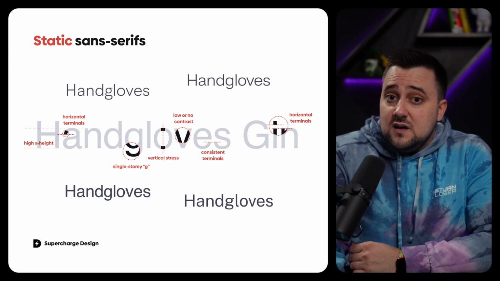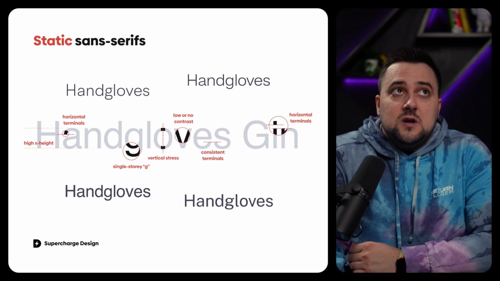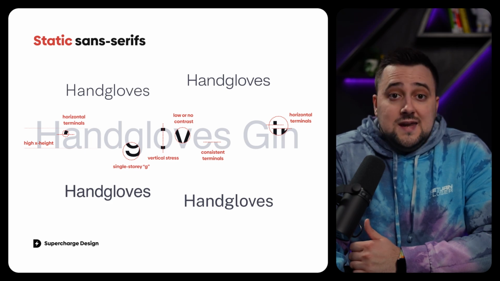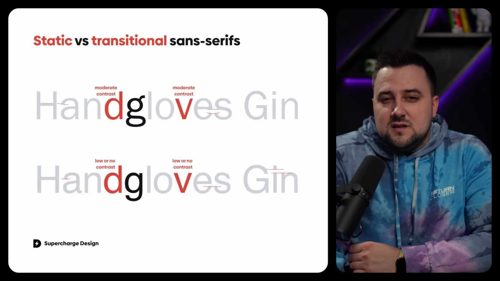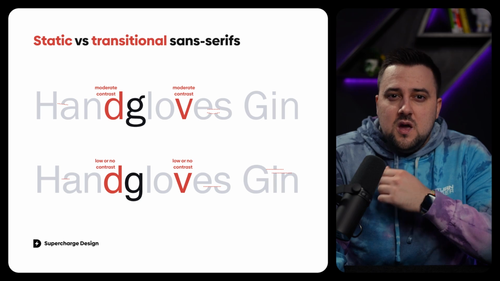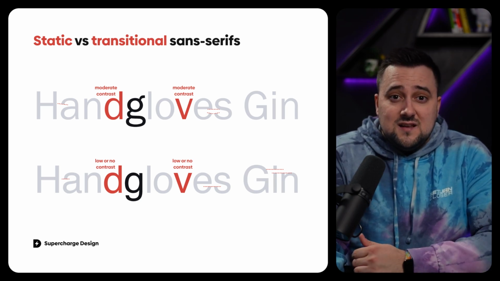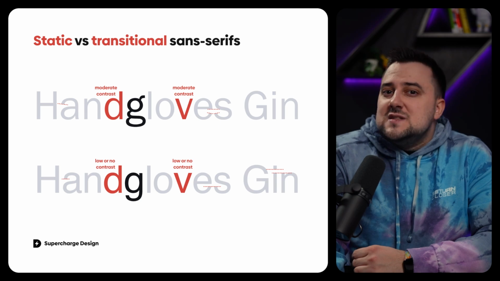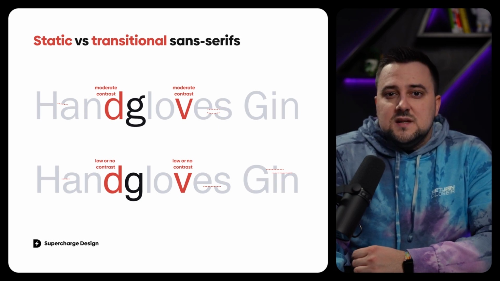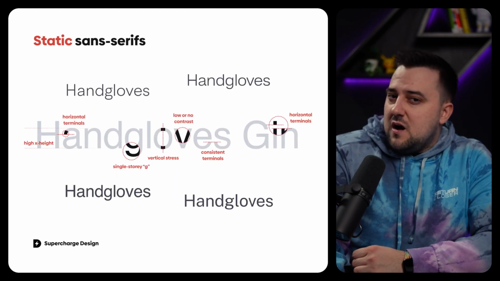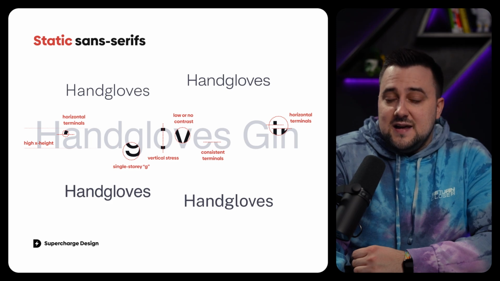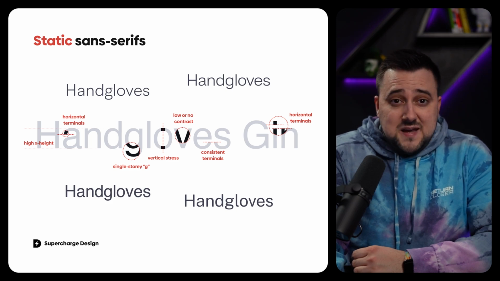Stress is vertical, as you can easily see from the lowercase o and e. One thing I look for are the consistent terminals. For example, put a lowercase e next to an s, and if their terminals feel like they form a straight line, it's a good sign you're looking at a static sans serif.